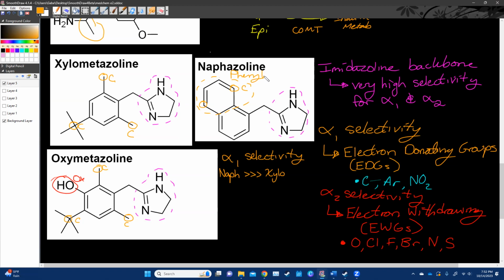If you stick benzene rings on, you're going to have tons and tons and tons of donating. Xylo is just a bit better than oxymetazoline purely because oxymetazoline has this extra OH group.